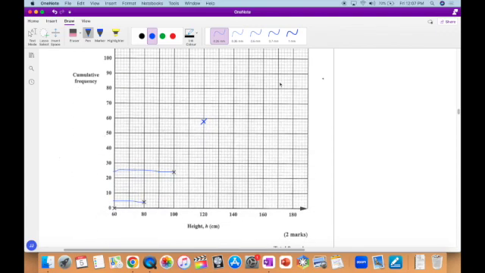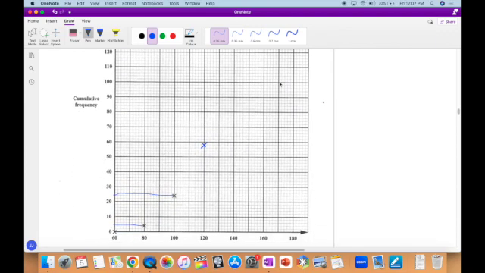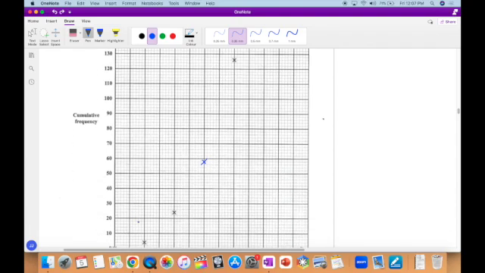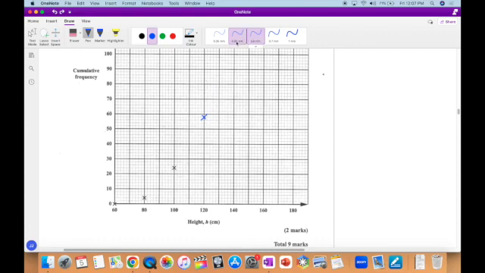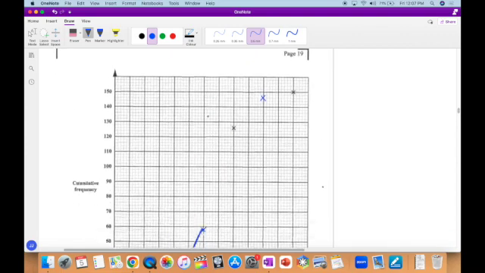Right? And now we need to draw our cumulative frequency curve. The curve may look something like this. We have to be real careful drawing these curves.